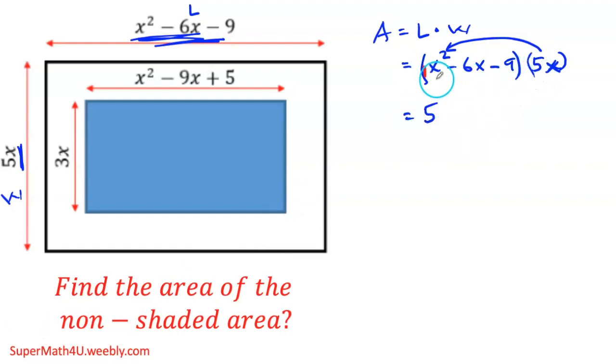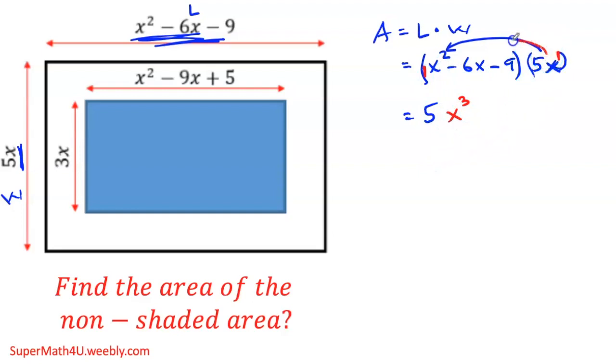Then I multiply 5 times 1, which is 5, and then x times x squared. When I'm multiplying two powers with the same base, x times x squared, this x has a little 1 right there. What I do is I keep the same variable and I add the exponents. 1 and 2 is going to give me 3. So 5x times x squared is going to give me 5x cubed.